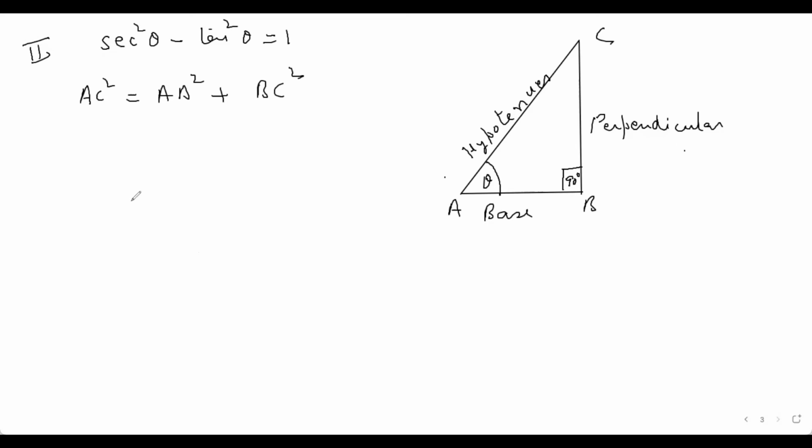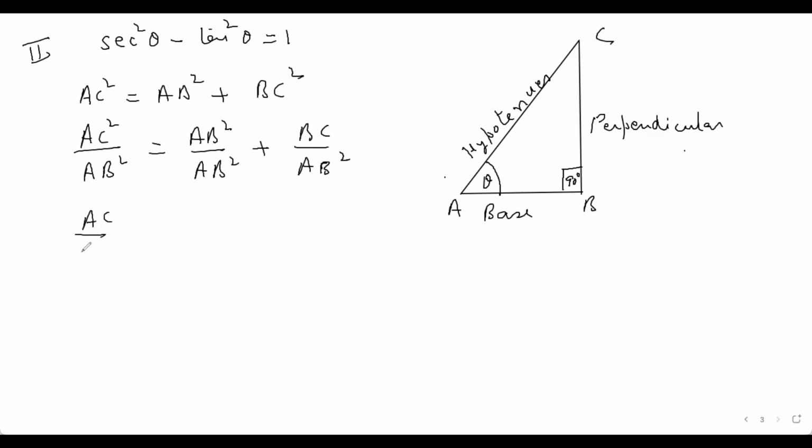Divide by AB square. Now I have AC by AB whole square is equal to 1 plus BC by AB whole square.